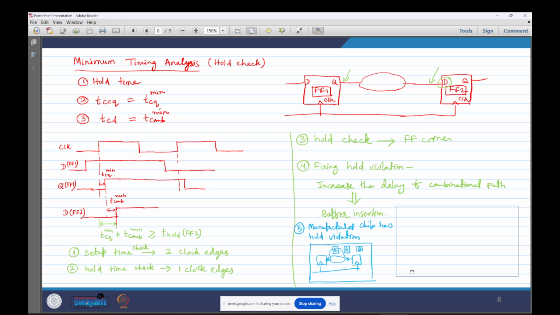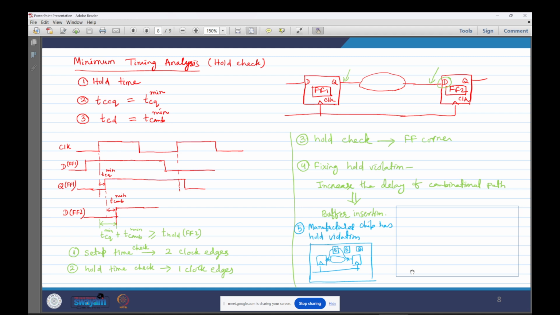It is based on your FEOL and BEOL. FEOL is called the front end of the line and BEOL is your back end of the line, your metal lines actually. The point here is that whenever you design bigger chips, there might be a chance of hold violation in some part of the chip.